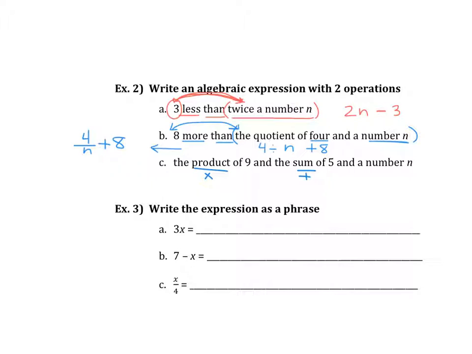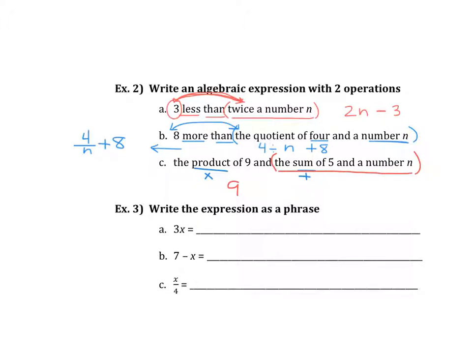All right, I'm going to tell you what it should look like, but don't feel bad if this is not what you got. The product of 9 and this is what they're saying. So it's 9 times that whole thing. Well, that whole thing is two different things, right? It's the sum of 5 and the number n. So what we're going to do is 9 times, and there's a different way you can write times if we're putting this whole thing together.